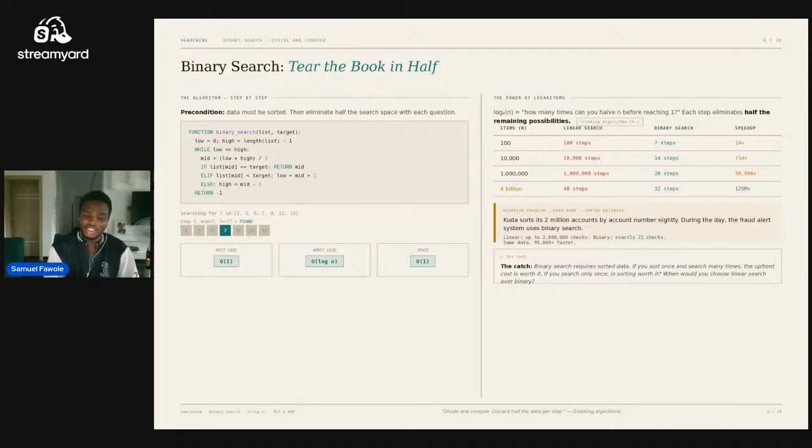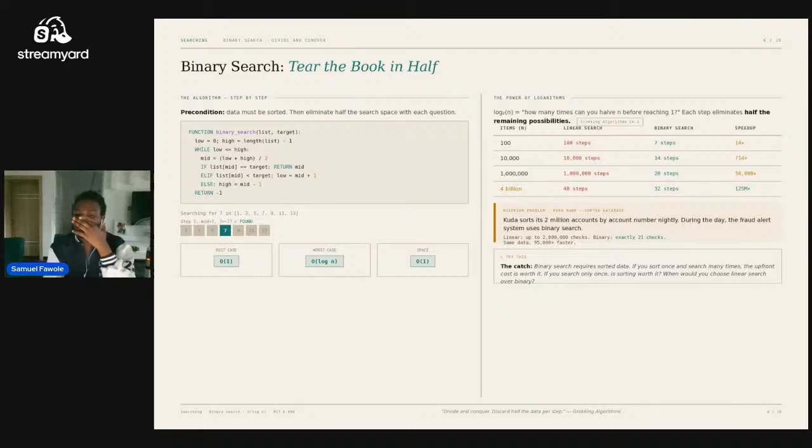Is 3 the target? No, right? Is it greater than or less than? It is greater than. So we move our high again from position 3 to position 1. At this point, we have already gotten our answer, which is 1, because our new high is 1, and our low is also 1. Which means we have found our target using binary search.